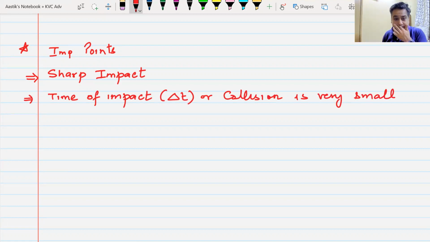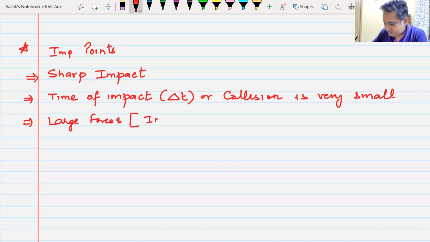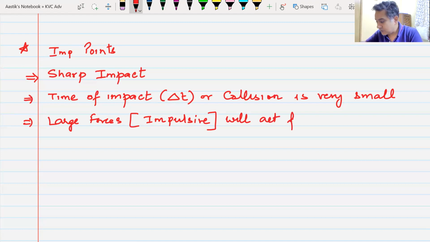Do we understand this? Large forces, which are impulsive in nature, will act for a very short interval of time.